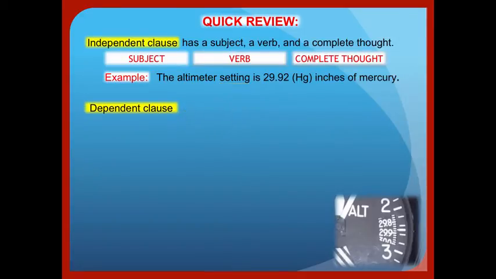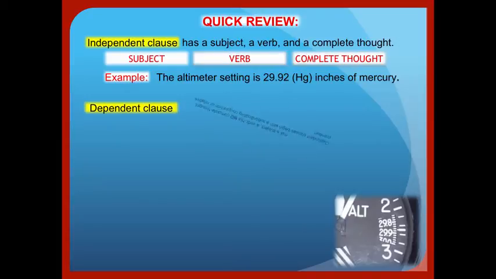The verb, V, is the word is. And the object, O, is 29.92 inches of mercury, which completes the sentence S plus V plus O. The sentence has a complete thought.